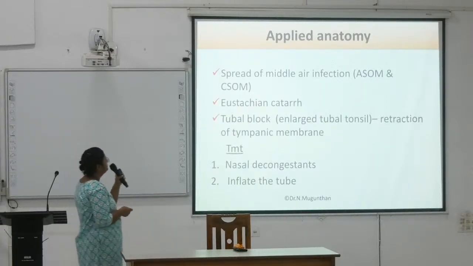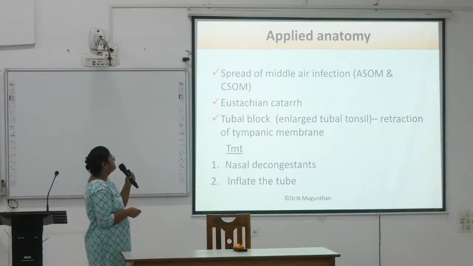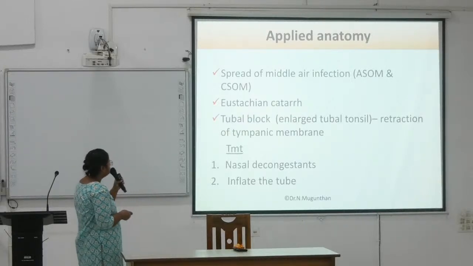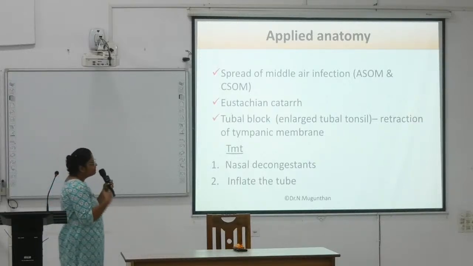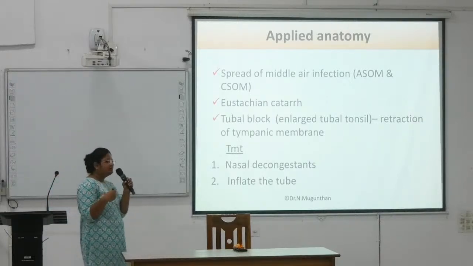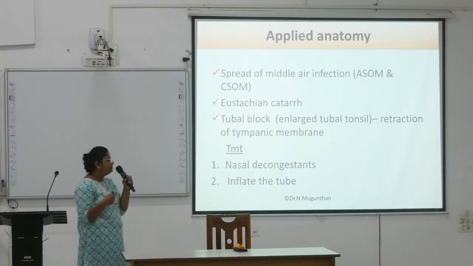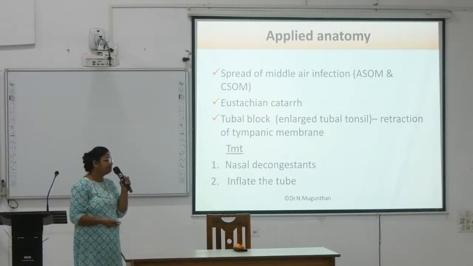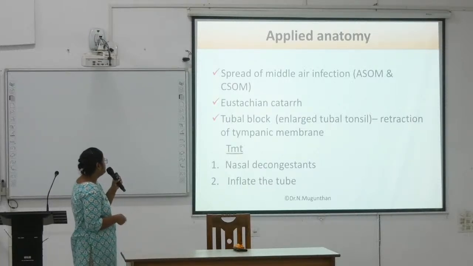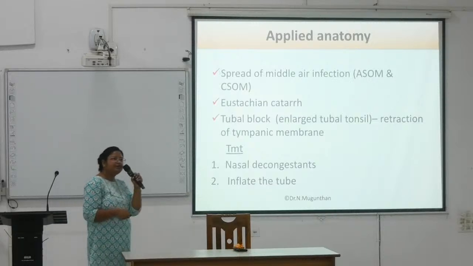Eustachian catarrh formation occurs, and tubal block due to enlarged tubal tonsil. Retraction of the tympanic membrane will occur if tubal block occurs, because on the outer aspect there is high air pressure and within the middle ear the pressure will be low. Treatment is nasal decongestant and inflating the tube.